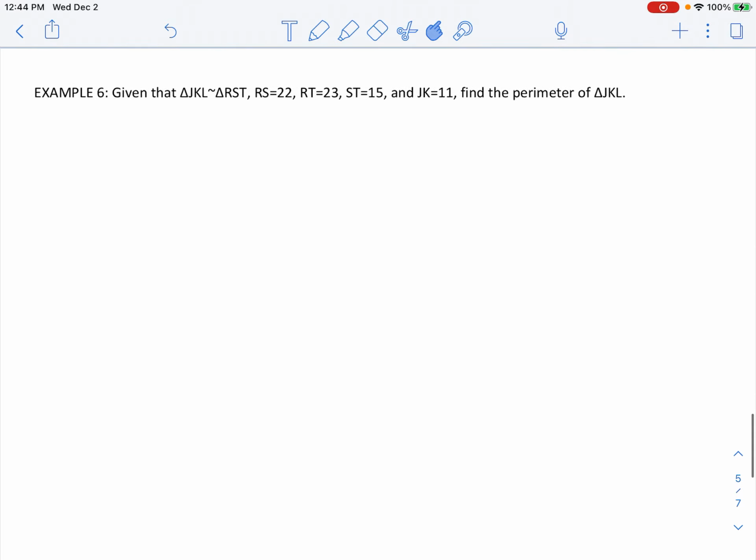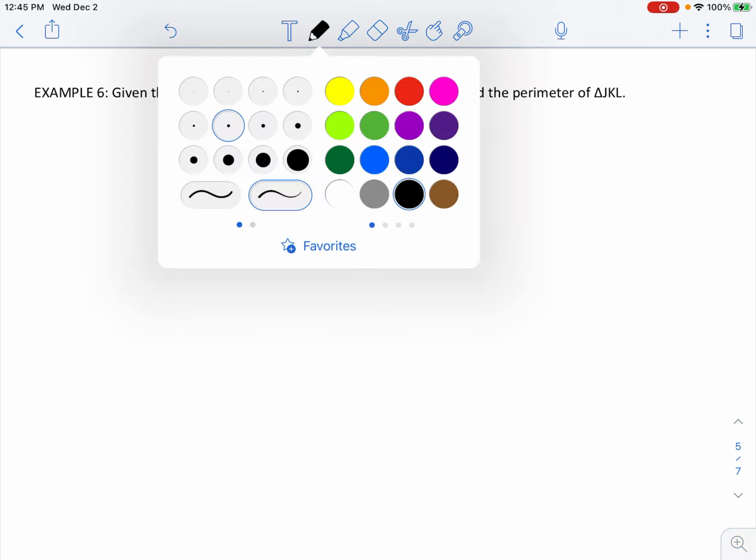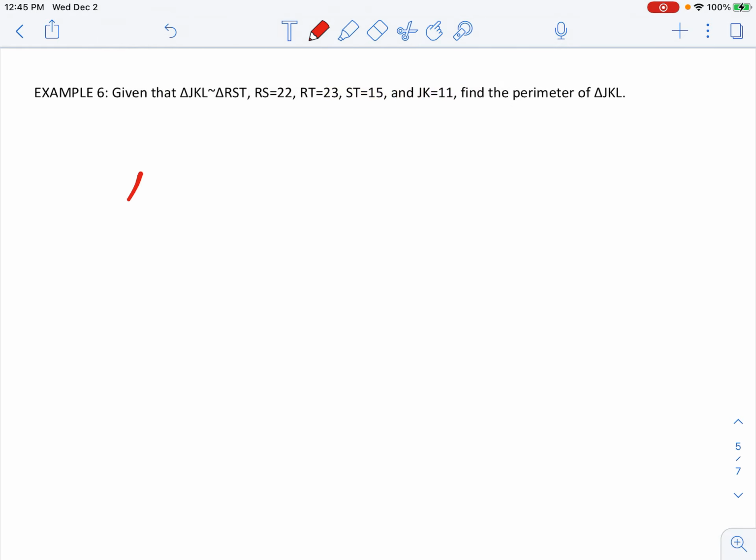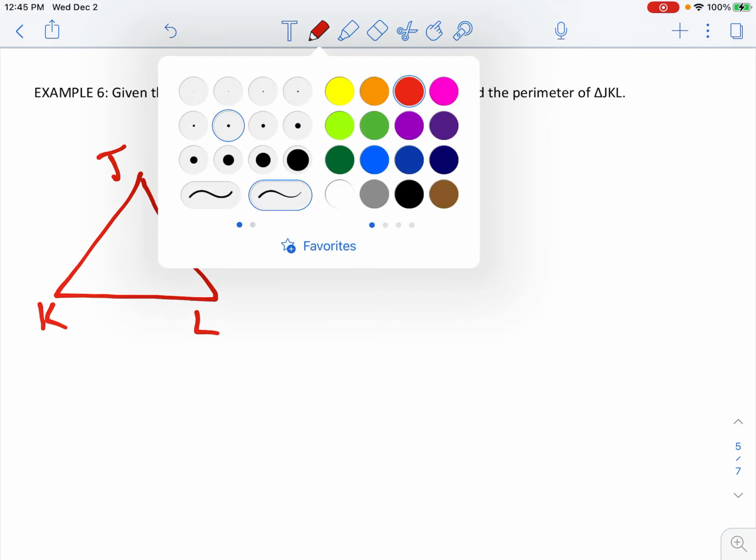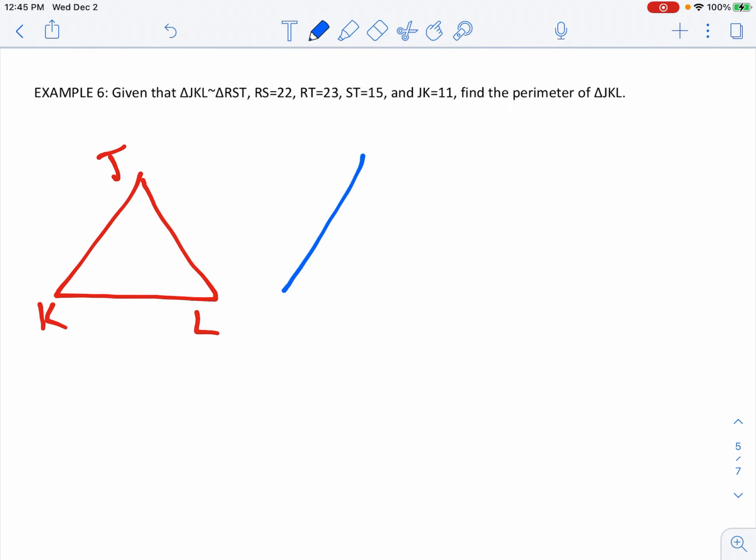Now let's look at one where they don't give us a picture. All right, these are similar triangles, so let's go ahead and draw triangle J, K, and L. Now let's draw our second triangle. We want to stay with the same labeling pattern, so I'm going to go R, S, T. Now when we do this, we have them matched up.